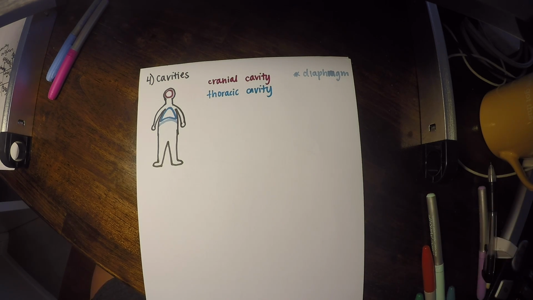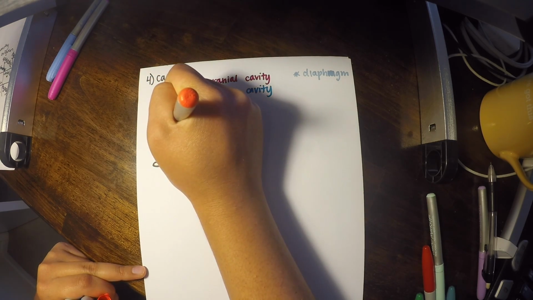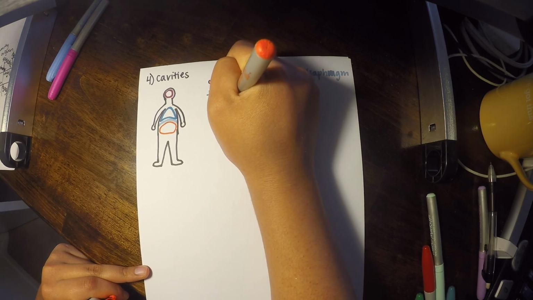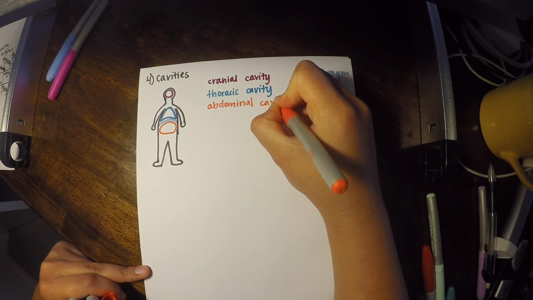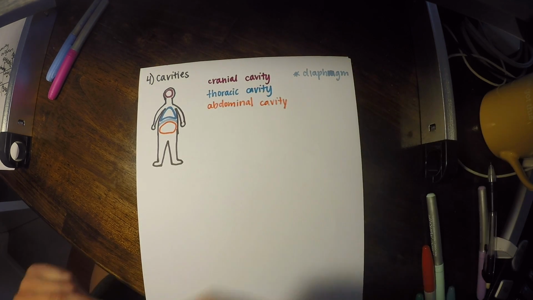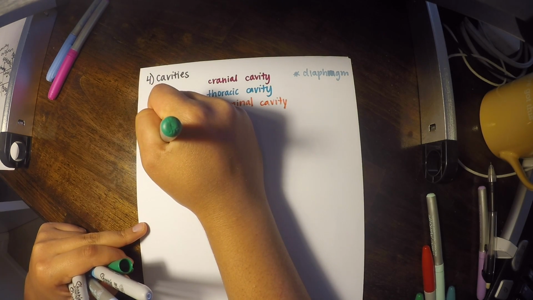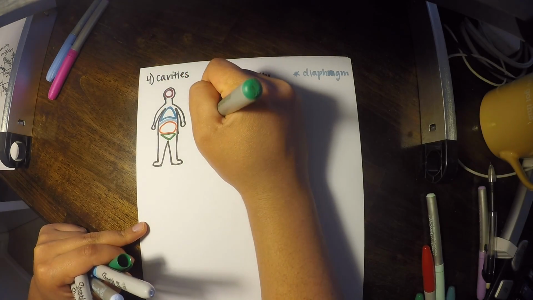Then where our belly is and all of our intestines are, that's our abdominal cavity. We're also going to have a pelvic cavity, which is where our pelvis is.